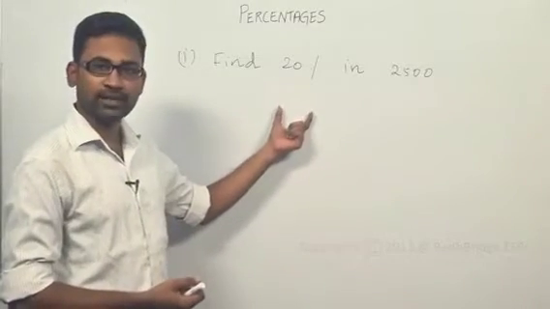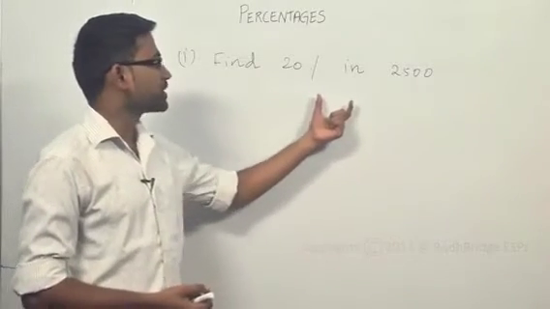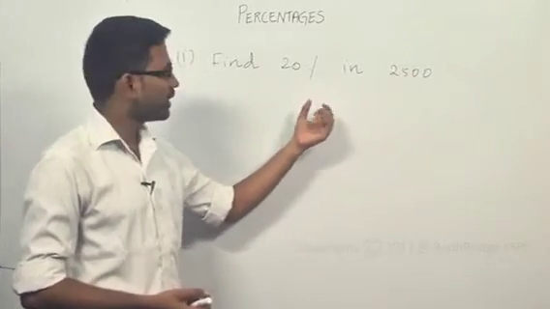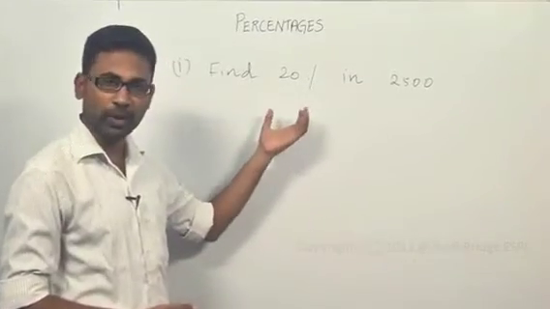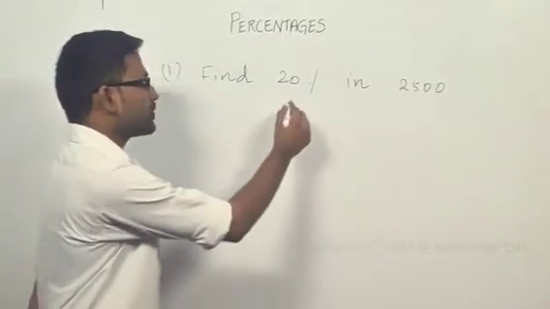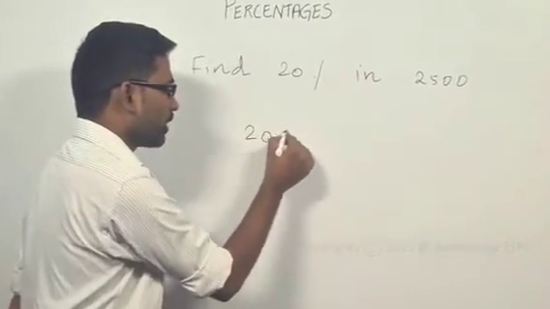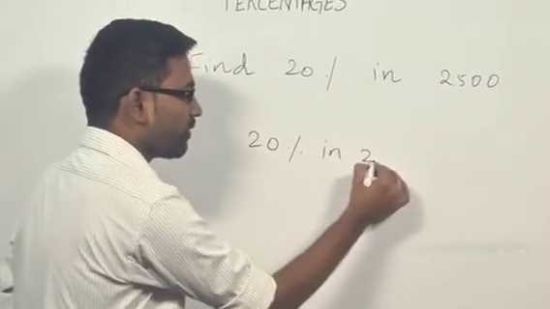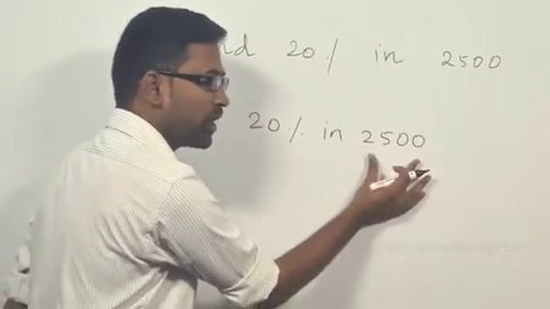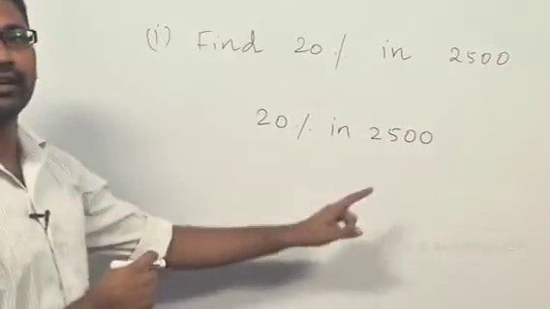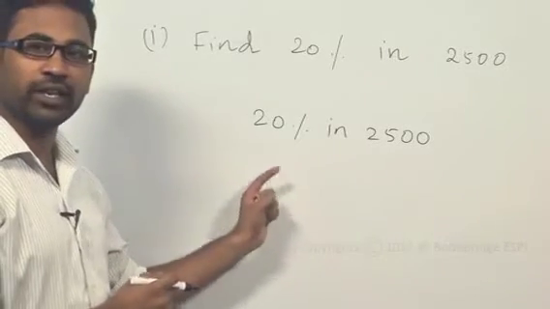This is the first example. Find 20% in 2500. These kinds of sums we have already come across normally. 2500 is the whole number, and from that we have to take 20%.